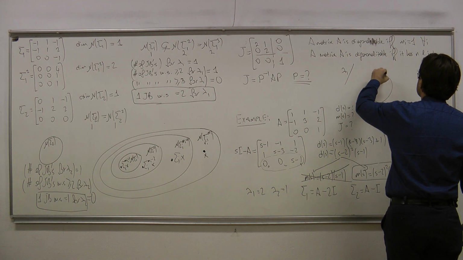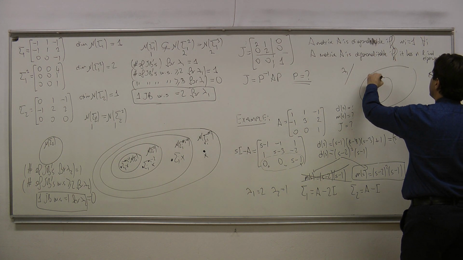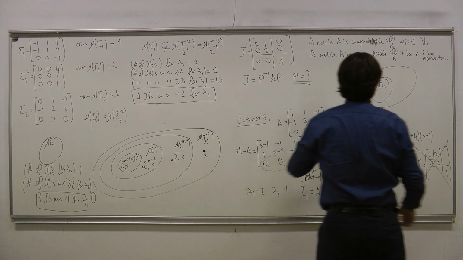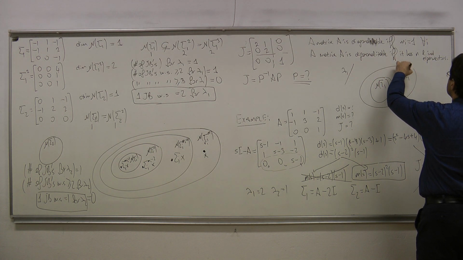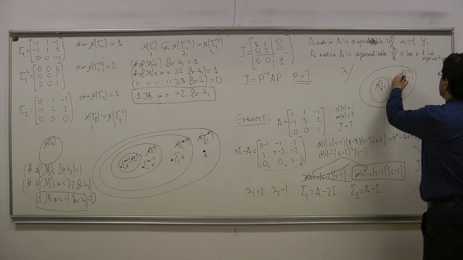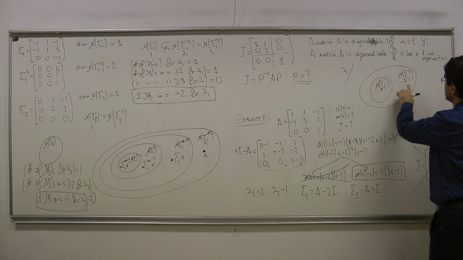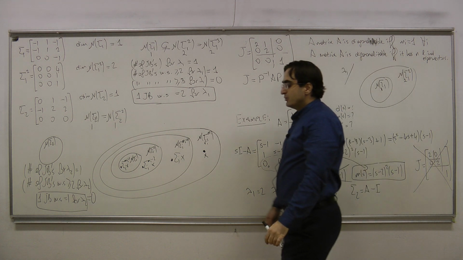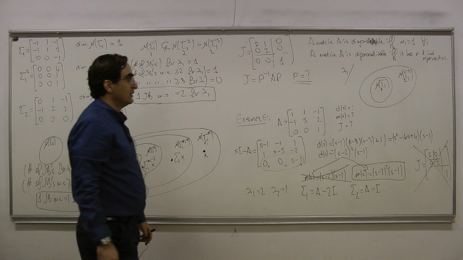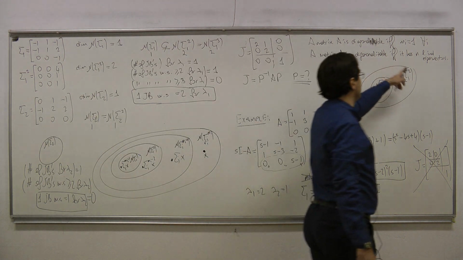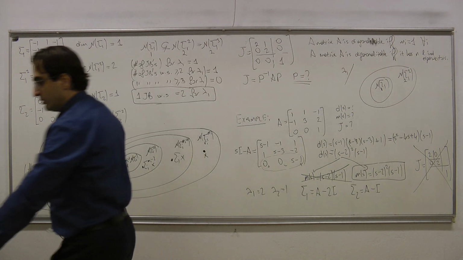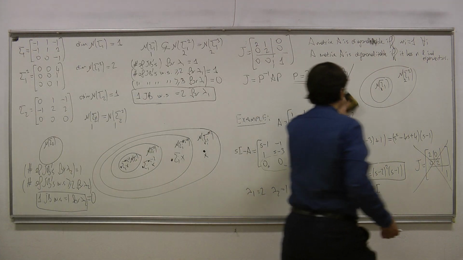In this case, I have two null spaces: the null space of sigma 1 is this one, and the null space of sigma 1 square. The dimension of this one is 1, and the dimension of the largest one is 2. And in order to be able to find the P matrix, I need to find a chain of vectors which would give me the basis vector for this largest null space. Maybe I should erase some parts here.